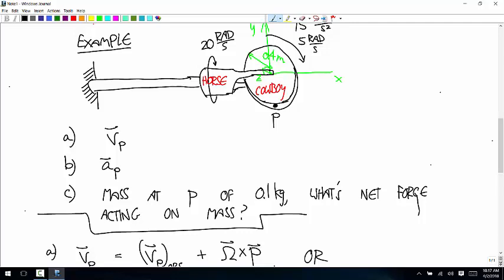Okay. Yep, we're watching the astronaut. We're sitting fixed right here and watching P on the cowboy rotate around. And we're only concerned about this one point on the cowboy. Right.